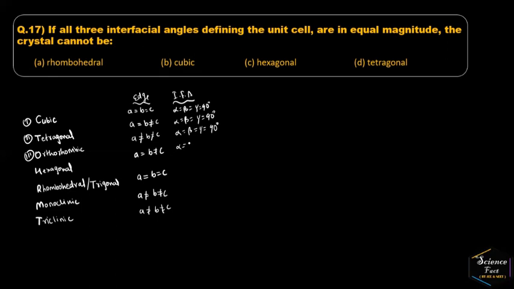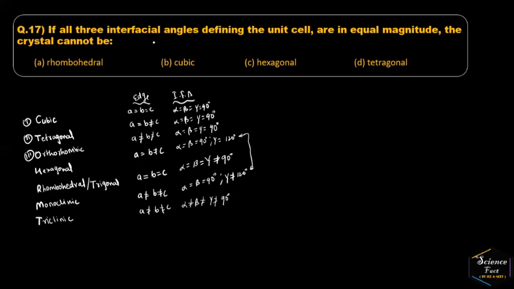Here alpha equals beta equals 90 degrees, but gamma is equal to 120 degrees. In this case, alpha equals beta equals gamma, but not equal to 90 degrees. Here alpha equals beta equals 90 degrees, but gamma is not equal to 120 degrees. Here you can correlate these two. And in this case alpha is not equal to beta, nor equal to gamma, and all these angles are not equal to 90 degrees.